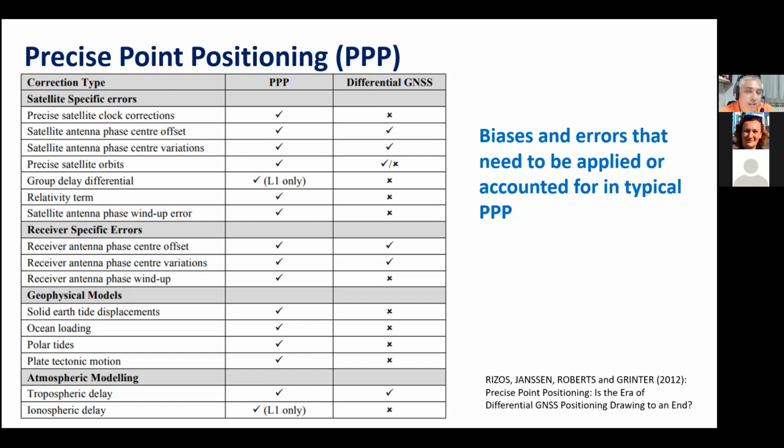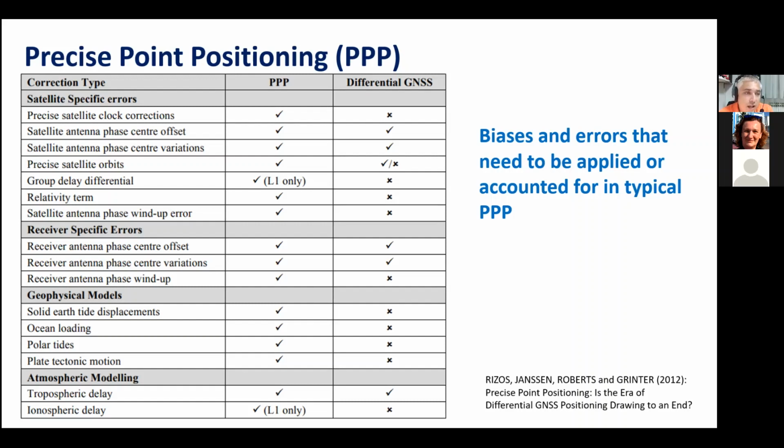Precise satellite orbits are needed for PPP. In differential, they are not needed. If we are talking about group delay, in differential GNSS it is not needed, but it has to be taken into account in PPP only if the receiver is single frequency.